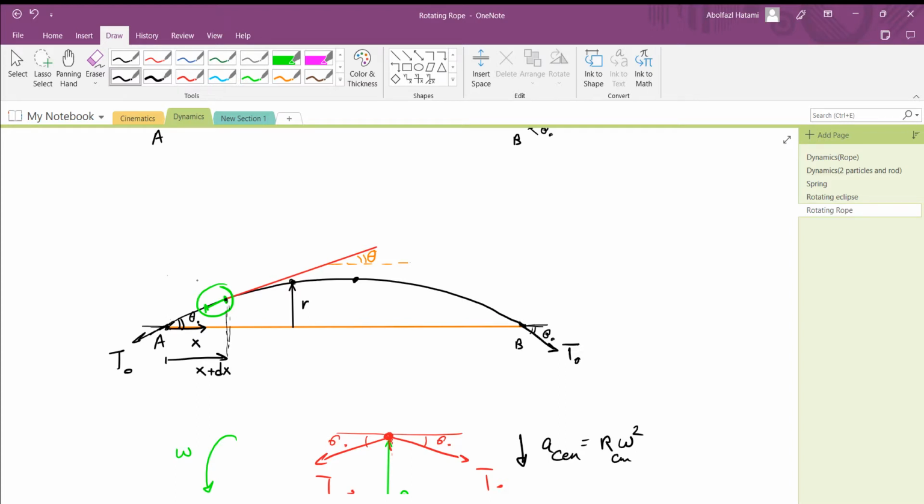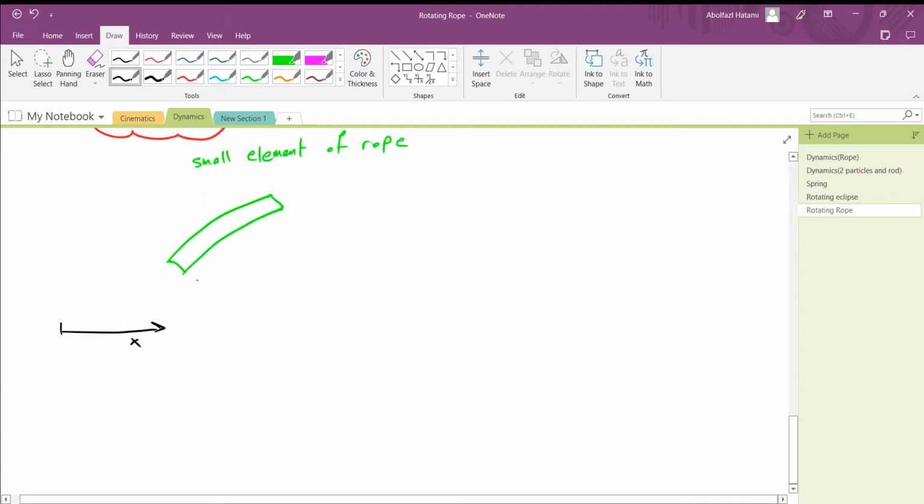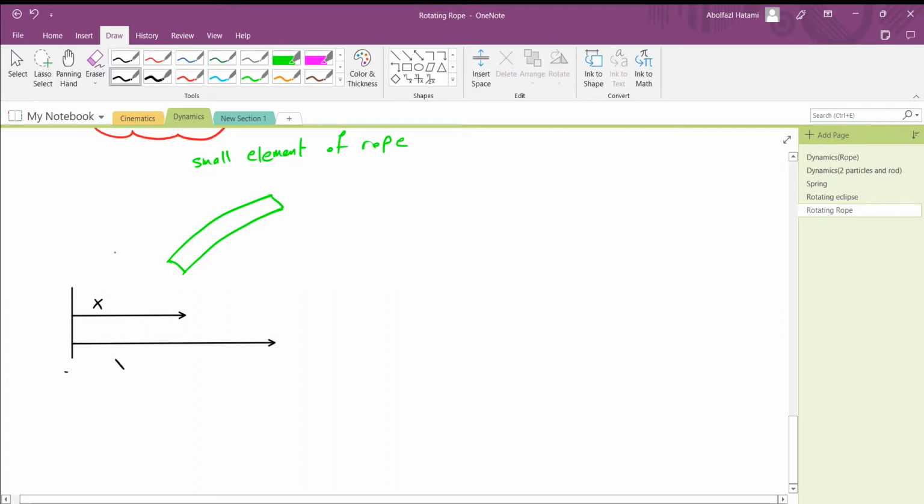Here is the origin, and it is x, and dx is very small. You should know that dx is very small. It means that dx over x is very small.